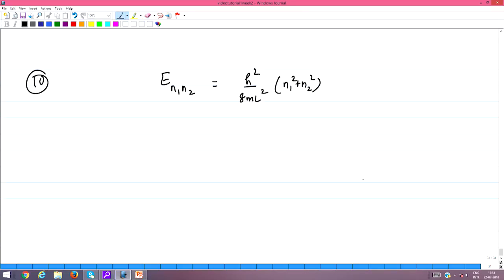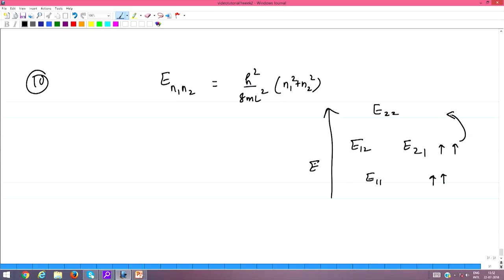You can write E11 here, E12, E21 here, and E22. The energy is now in the standard increasing progression. So, you can put 2 electrons in this, and you have 1 electron in each of these levels. And so, the transition that is happening is one of the electrons going up to 2 2.